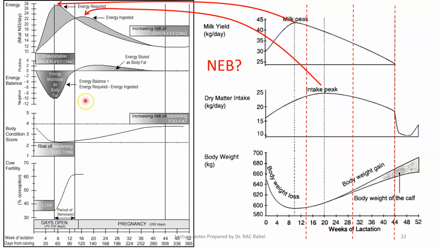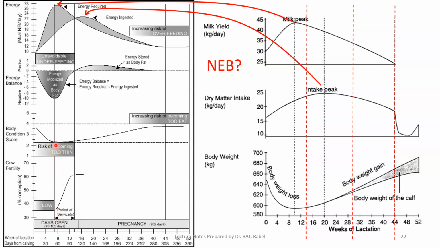So remember, if they lose body condition too much, there is a risk of becoming too thin and diseased, and fertility also suffers, right? For animals to be fertile, to get pregnant, remember that open period that we talked about?